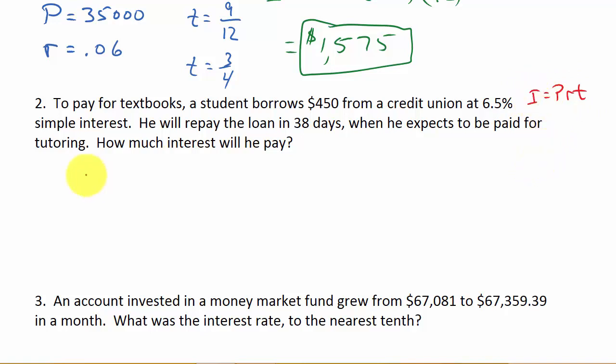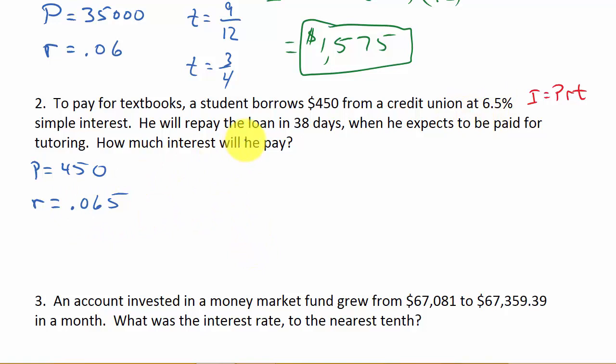Now it says that he's going to borrow $450, so that would give us P equals 450. The interest rate, R, that's 6.5%, so that's 0.065. We convert the percent to decimal by moving it 2 places to the left.